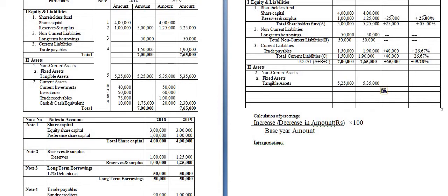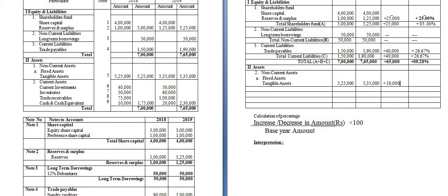Okay, now find out the change. How much is the change in the amount of tangible assets? 5,25,000 minus 5,35,000 is 10,000. How much is the increase in the amount? 10,000.